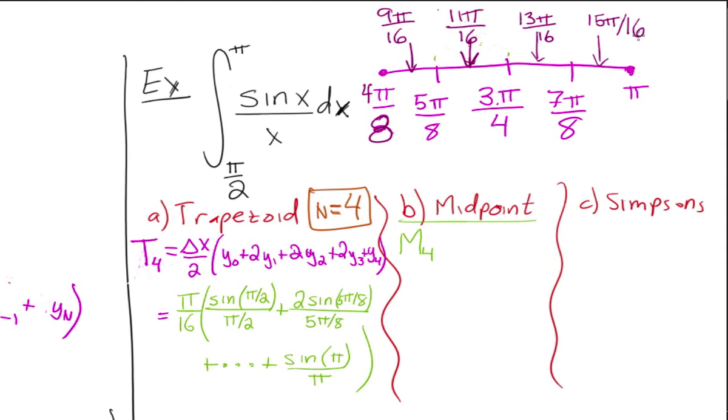So you only get one example of these because they're so annoying. Oh my gosh. Okay, so pi over 8 times, and then you evaluated all those points that we just found, right?